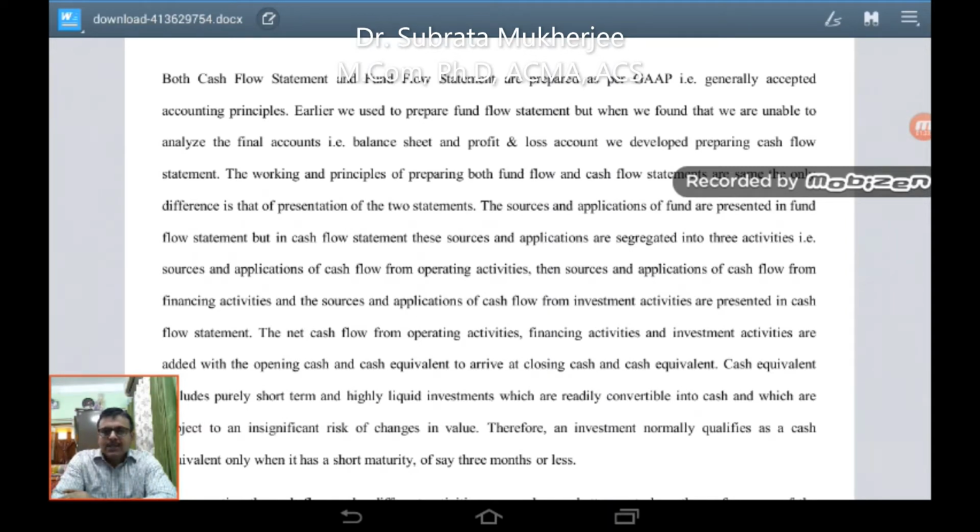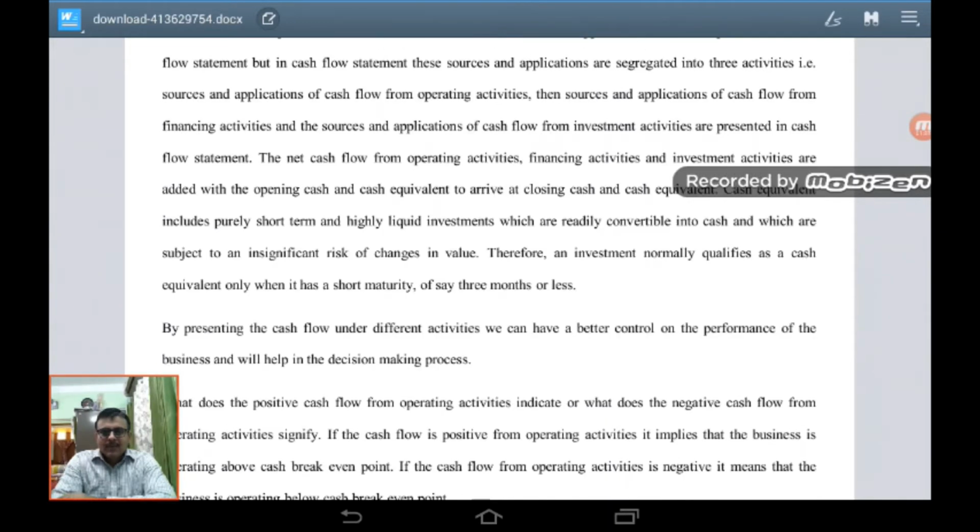The net cash flow from operating, financing and investment activities is added to the opening cash and cash equivalent to arrive at closing cash and cash equivalent.